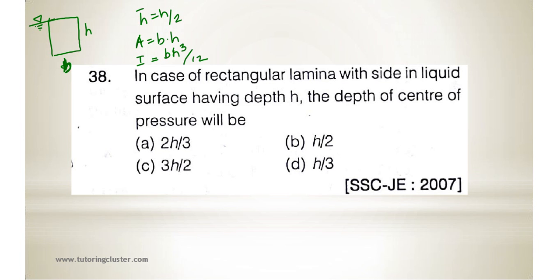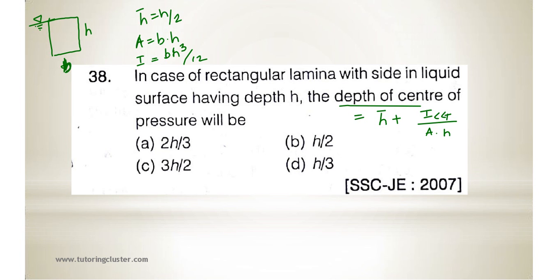Now what have they asked? They have asked you to calculate the depth of center of pressure. What is the formula? Depth of center of pressure is given by H bar plus ICG upon A into H bar.